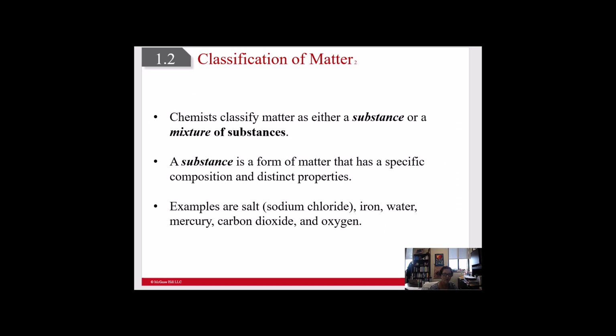So chemists classify matter as either a substance or a mixture of substances. So a substance is a specific composition and has distinct properties of matter. So it will always be the same, okay, if you see this substance. And it could be iron, which is an element, or it could be sodium chloride, which is a compound.